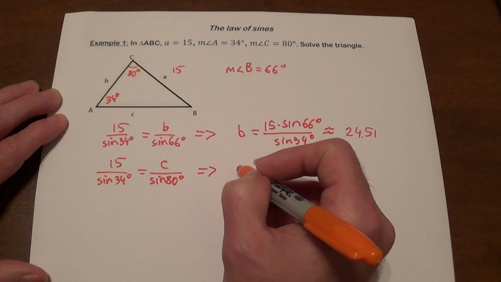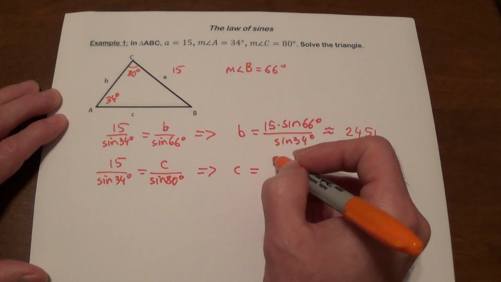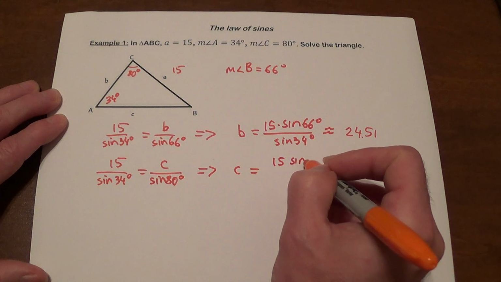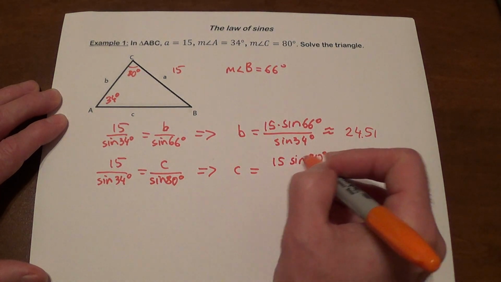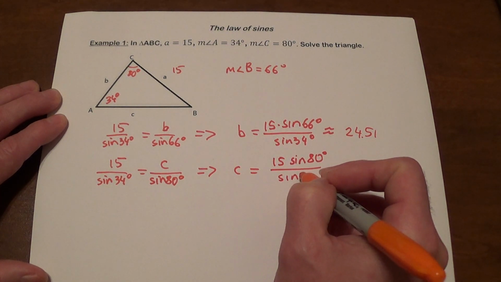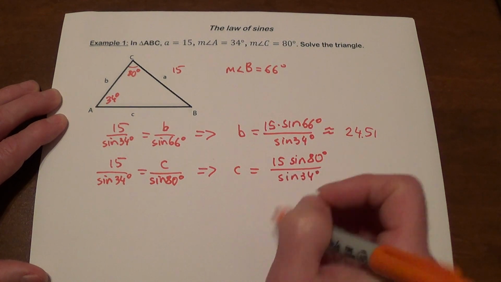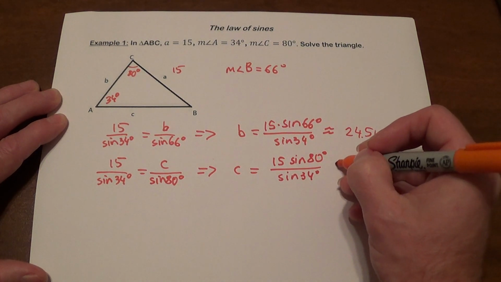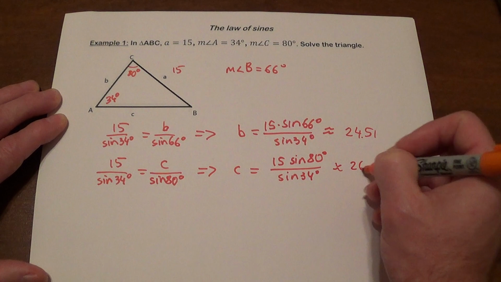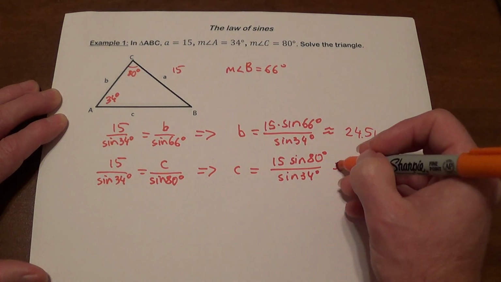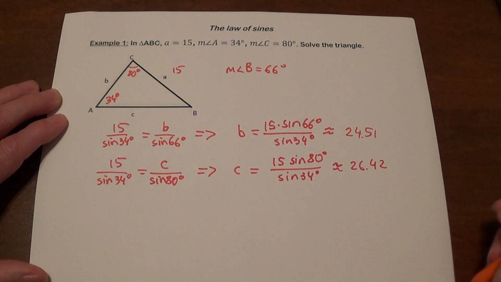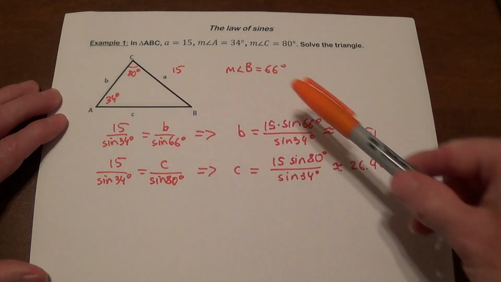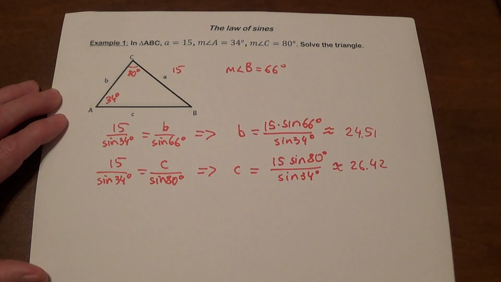So from here again, we can write that c equals 15 sine 80 degrees divided by sine 34 degrees. When you put it in a calculator, it's going to give you approximately 26.42 units. Okay, so we're done. We know the measures of all three angles, and we know the measures of all three sides.